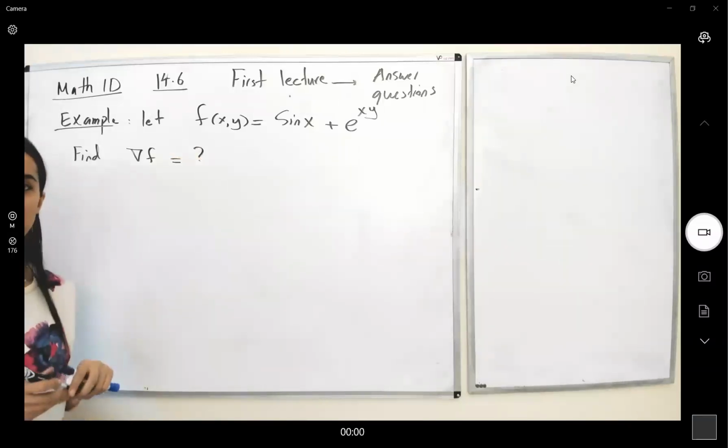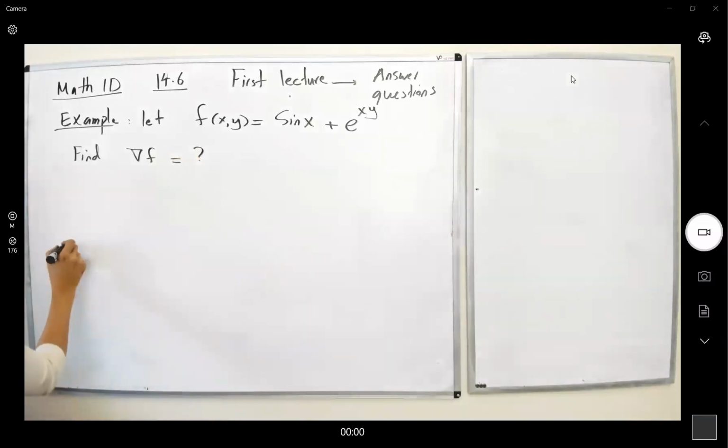What is that vector function? And checkpoint 1. This is checkpoint 1 on page 3.